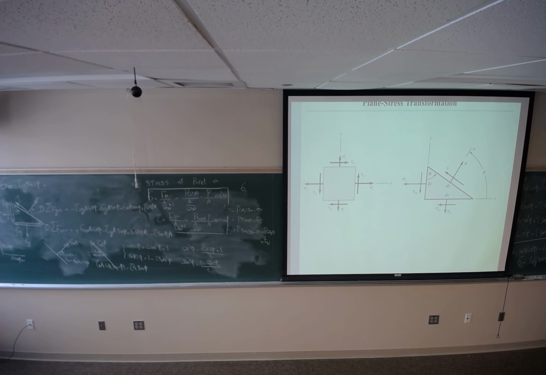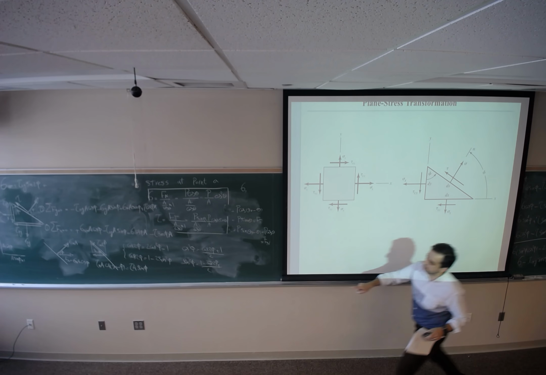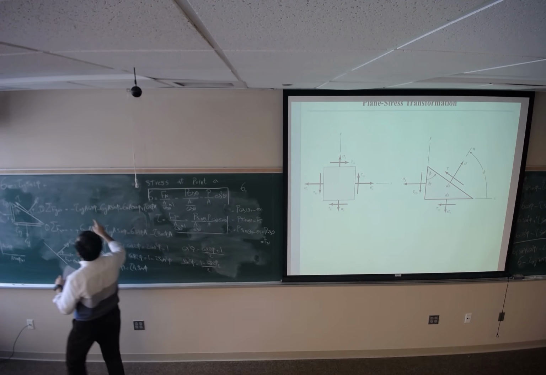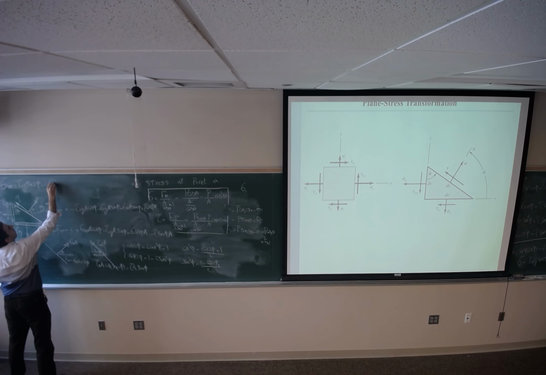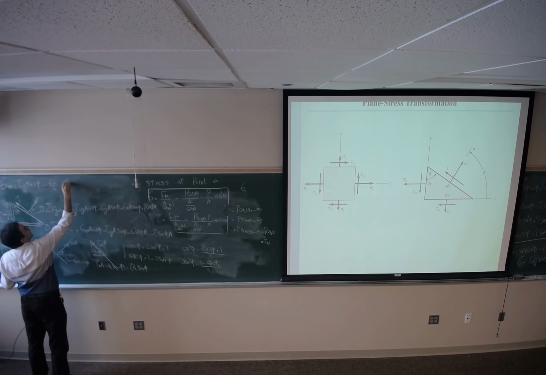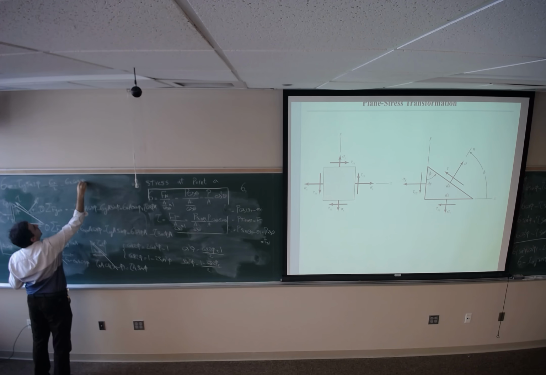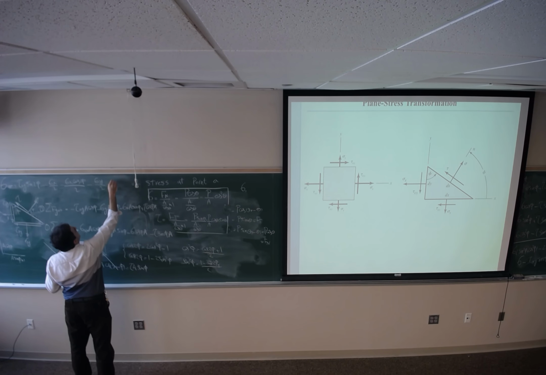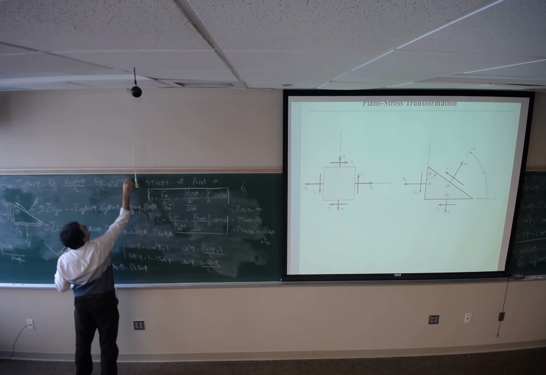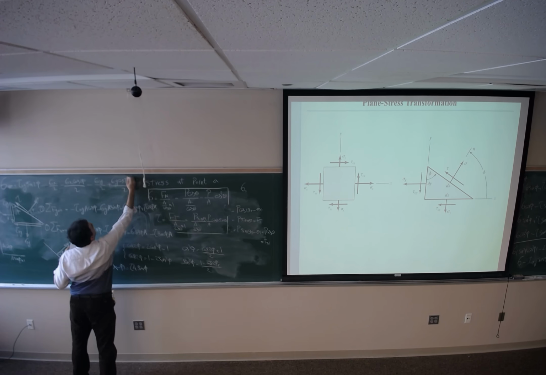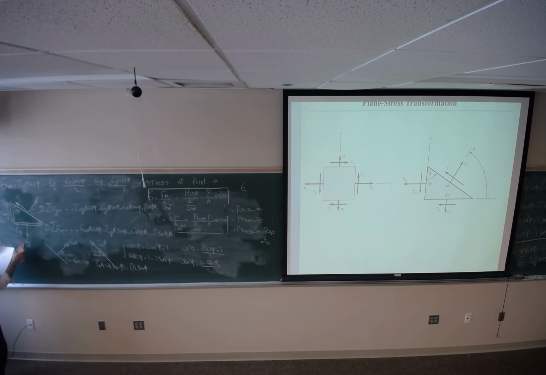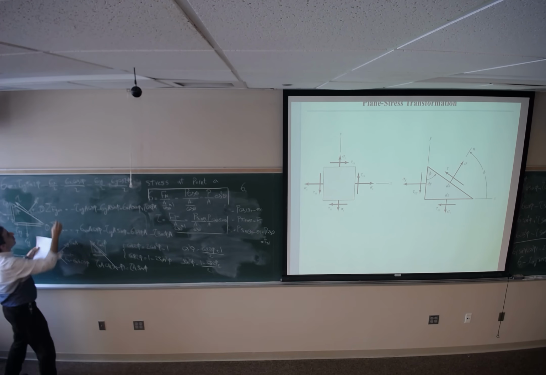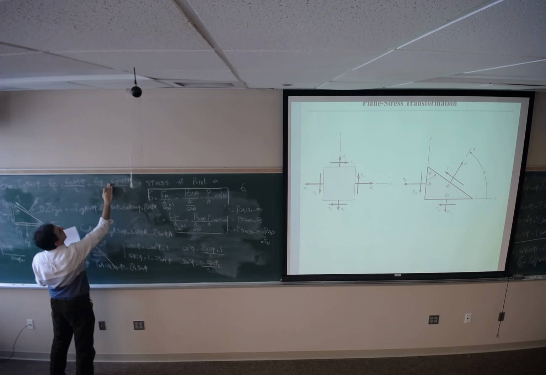So negative sigma x cosine of 2 phi dividing by 2, minus sigma y dividing by 2, plus sigma y cosine of 2 phi dividing by 2. This is positive, positive.